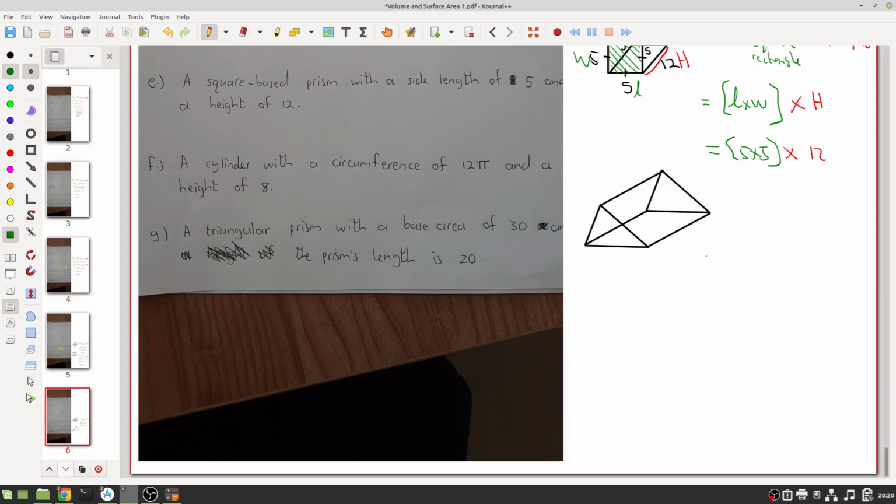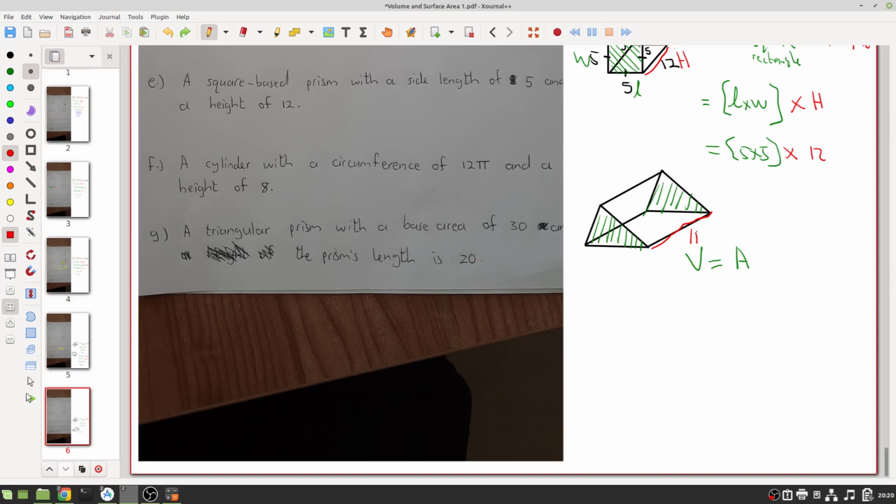So let's first write the formula again. The volume of a prism is the area of its base. In this case, what's the base? It's this triangle, because this triangle looks exactly the same on the other side. So that's the base. And h, our height, will be the distance between them, so it's that length. That's going to be our h, and they tell us that is 20.